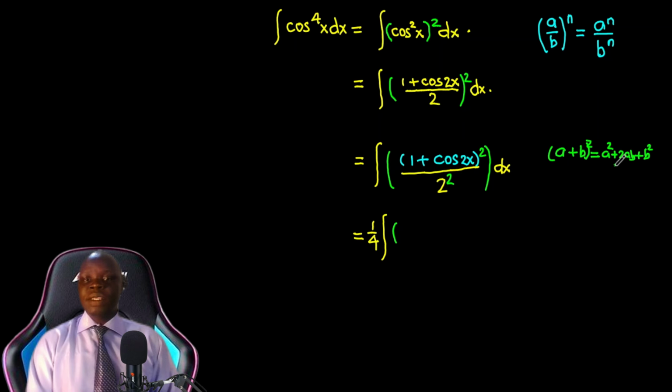So applying this expansion in our work here, we'll have 1 squared is 1, and we can double them, so we shall have plus twice cos of 2x. Then when we square our last term, that is cos 2x, we shall have cos squared 2x.